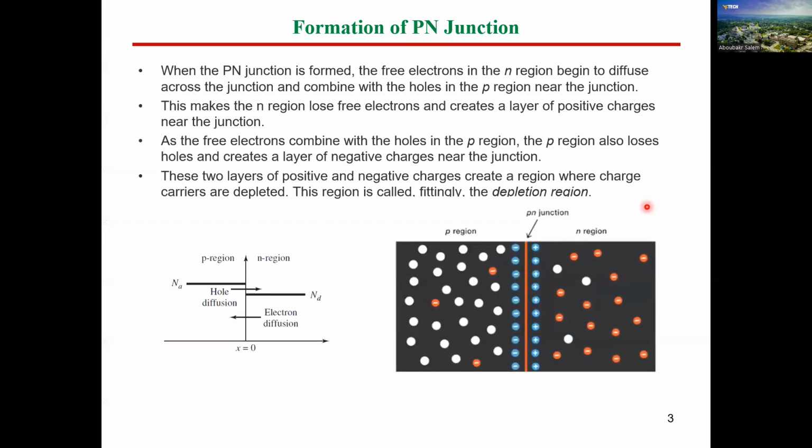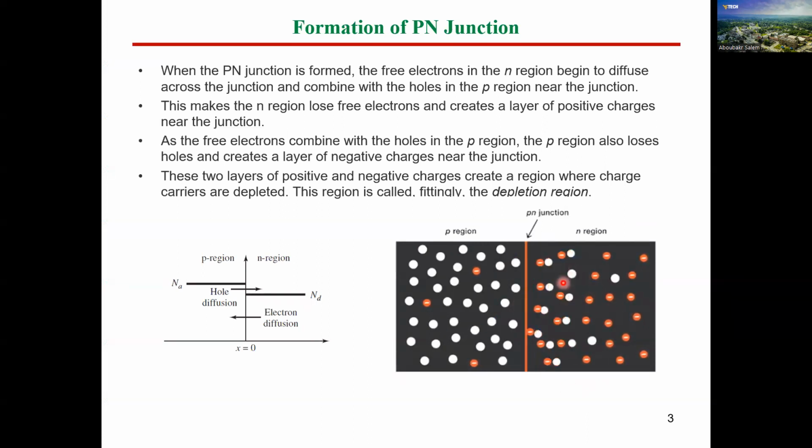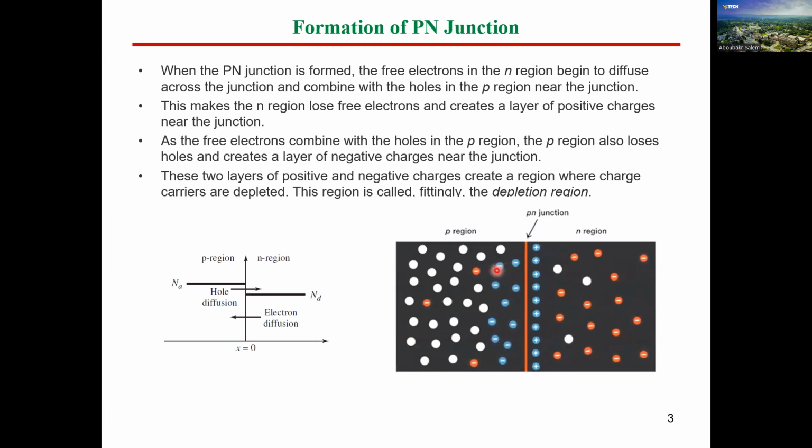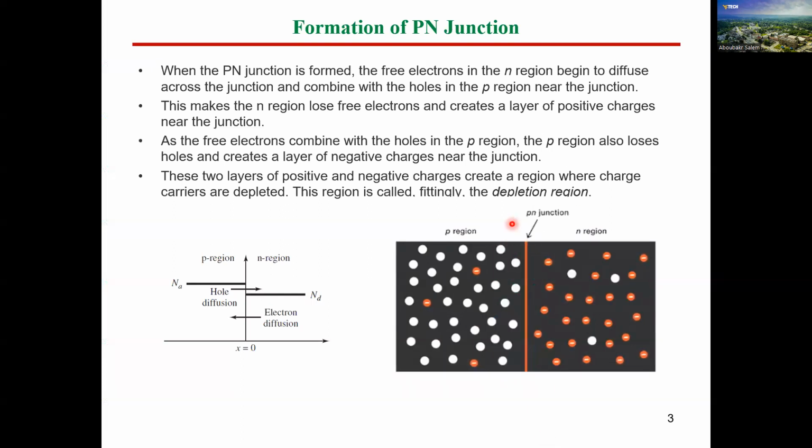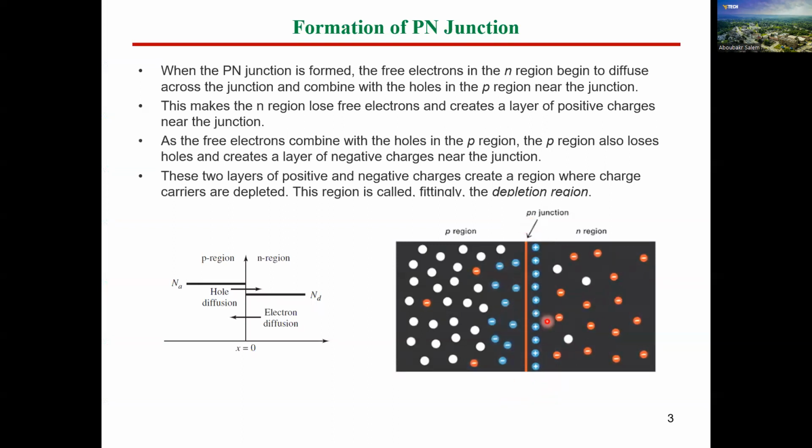So what happens is, let's wait a bit to start from scratch here. The electrons are going to move to the holes in the p region. At the same time, a region will be constructed here in the middle. The negative charges came here, the positive charges will be attracted to the negative charges, and this is going to make a region in the middle.